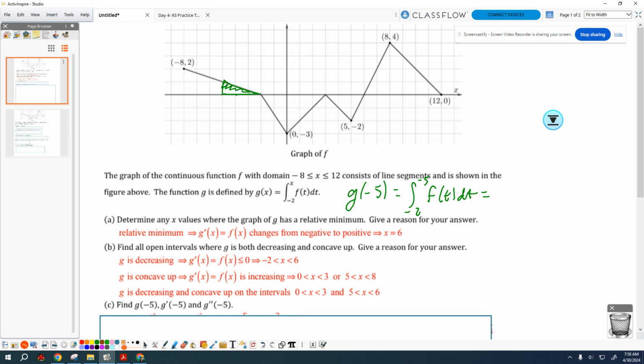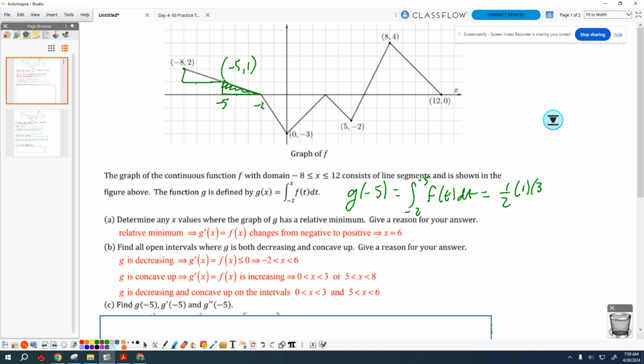So you would do 5 times, how do you know how many units to go up? It looks like you go up 1 unit, so it'd be 5 times 1, and then divide by 2, so it's 5 halves.